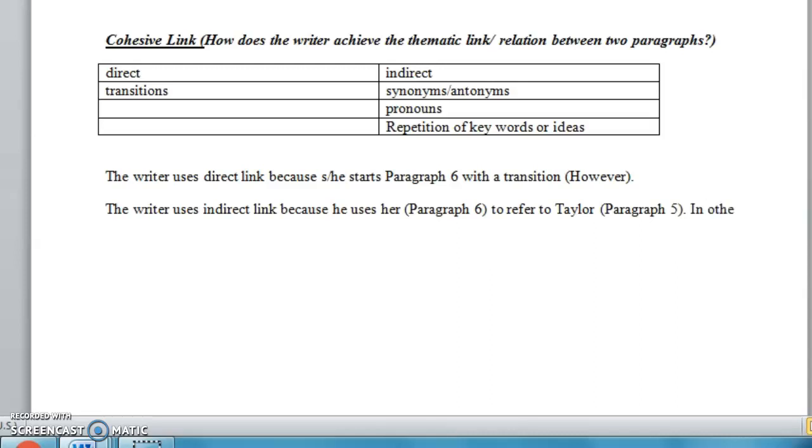In other words, he uses pronouns. Okay? So I justify, then I give the answer.